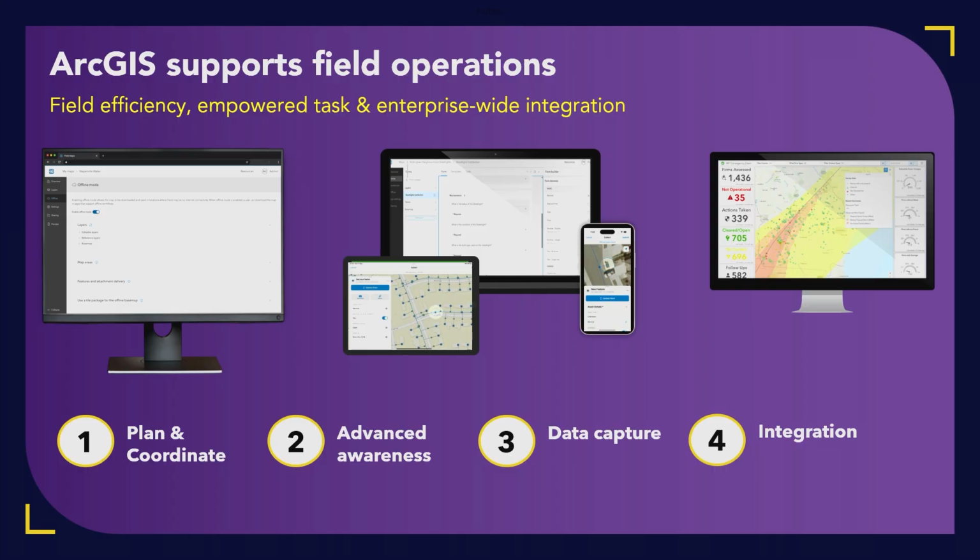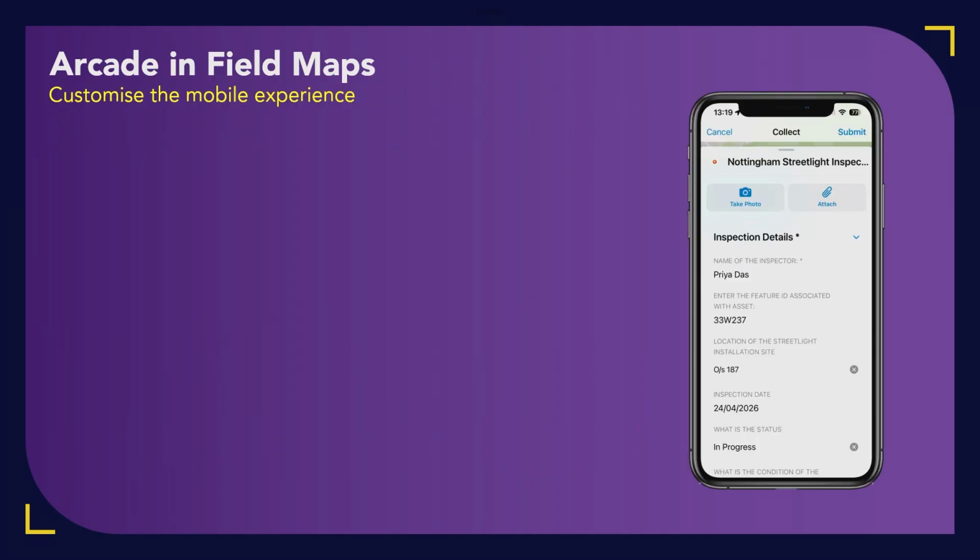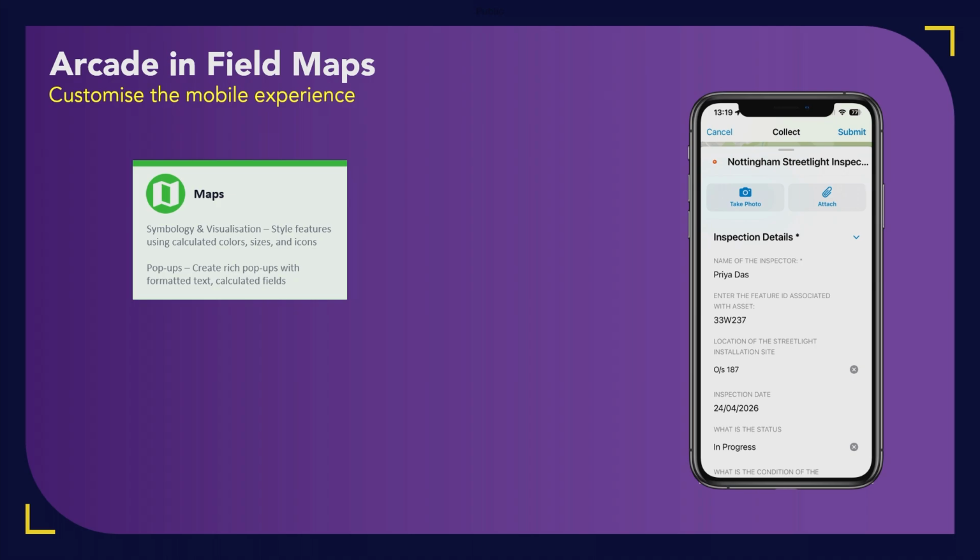Now, to enable all these capabilities in ArcGIS Field Maps, Arcade plays a key role. Arcade is a lightweight expression language used across the ArcGIS system to add logic and intelligence to your map and workflow without needing any complex coding. In ArcGIS Field Maps, Arcade is used in a number of ways. It plays a key role in map symbology, allowing you to style the features dynamically based on the data.